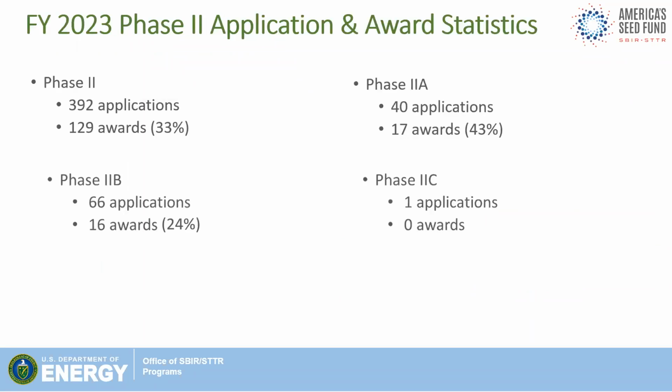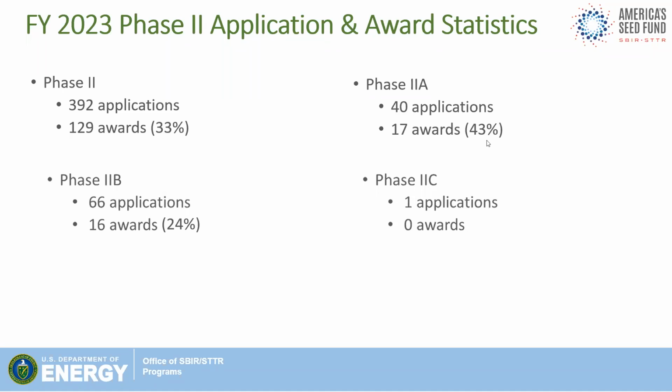And then here are some statistics on the fiscal year 2023 phase 2 application and award statistics. Phase 2 success rate was about 33%, still a little bit lower than past years. For 2A, we received 40 applicants. We gave 17 awards.